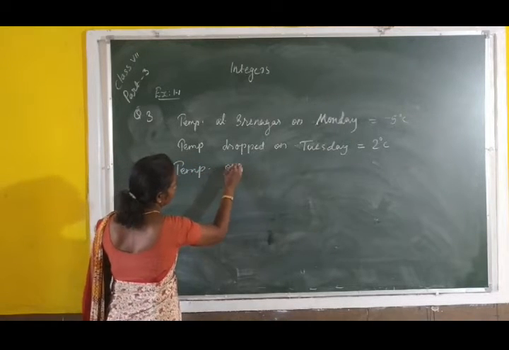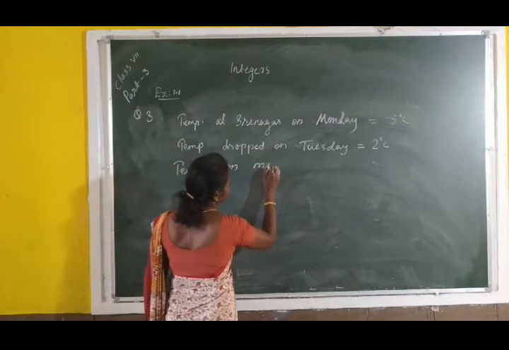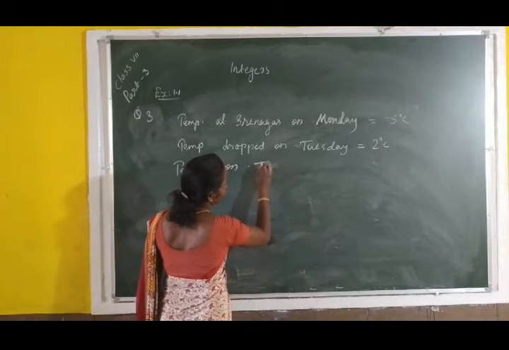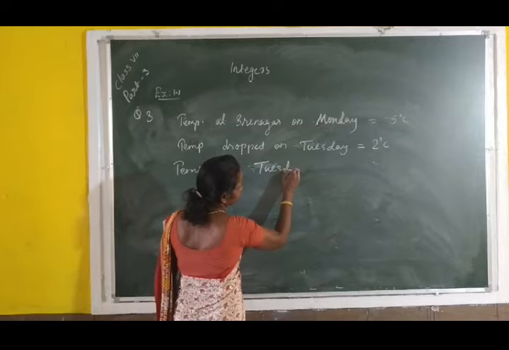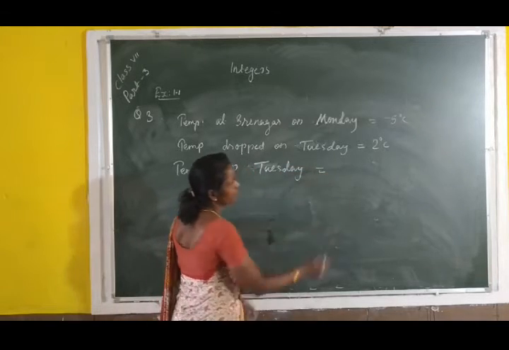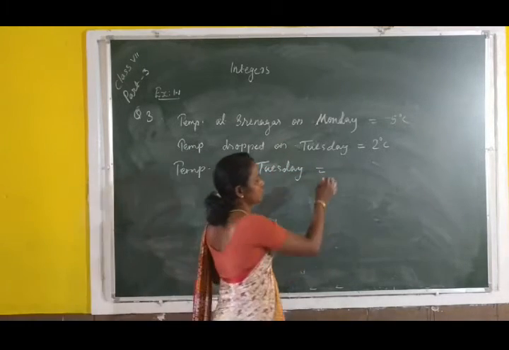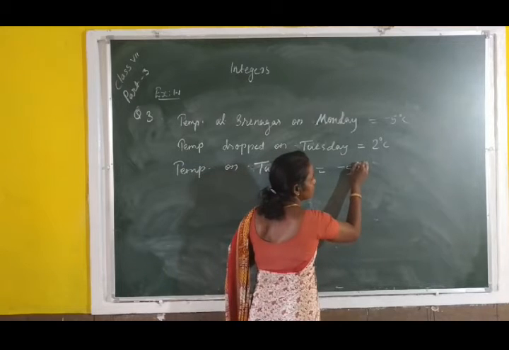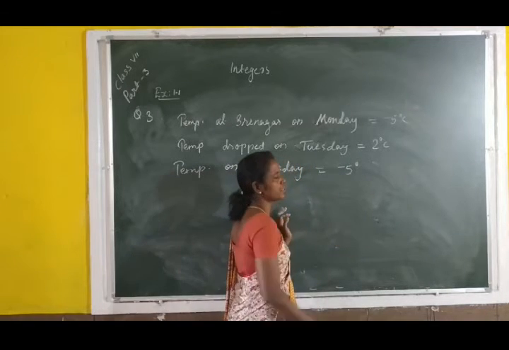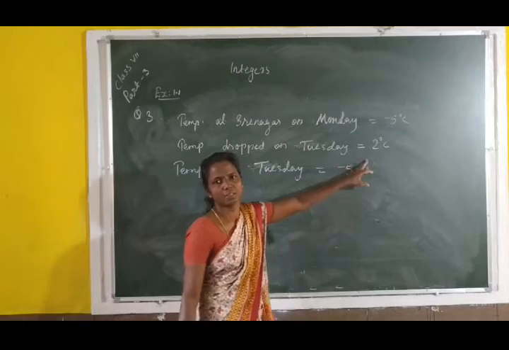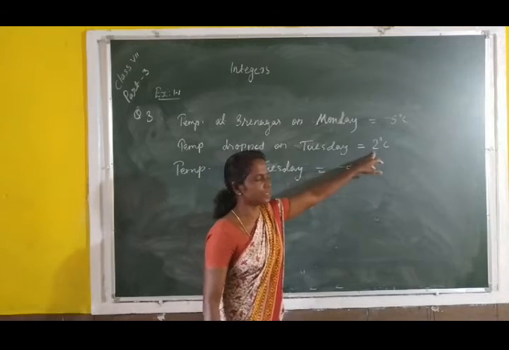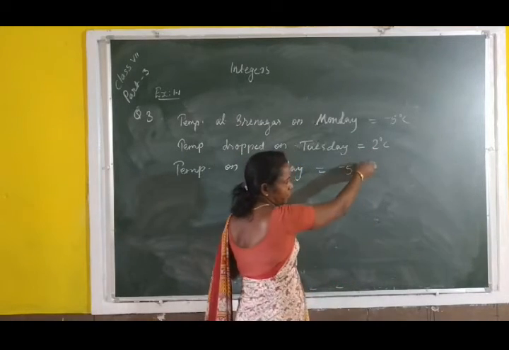Monday, how many degrees Celsius? Negative 5 degrees Celsius. This negative 5 degrees Celsius we add with this 2 degrees dropped.